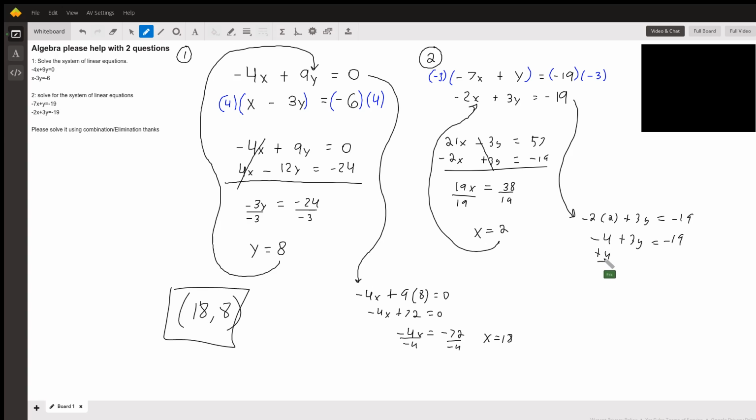And adding 4 to both sides, you get 3y equals negative 19 plus 4, which is negative 15. Dividing both sides by 3, we get y equals negative 5. So our solution for this problem is 2, comma, negative 5, and that is our ordered pair. So I hope this helped you.